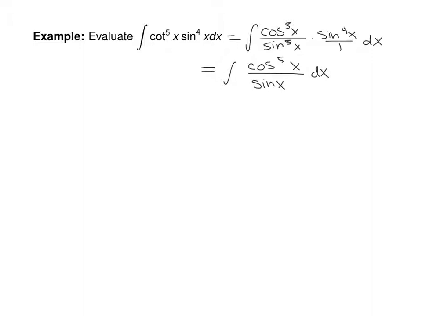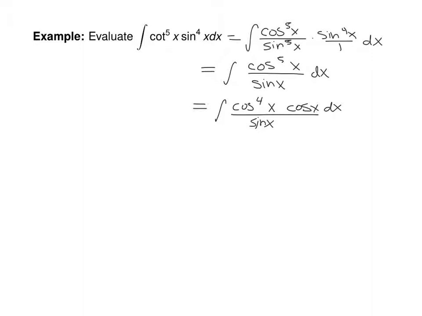Now you can't save that sine to be your du because it's in the denominator, not the numerator. So you have to save a cosine to be your du. So change this into cosine to the 4th x times cosine of x dx, and that's all over sine x.